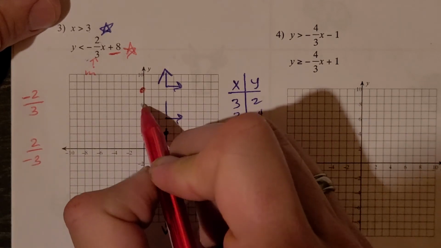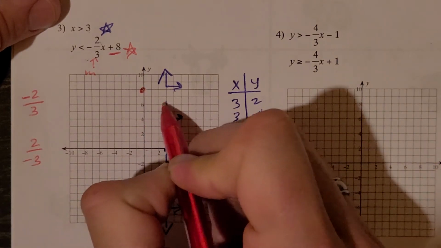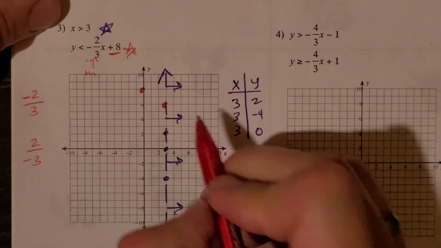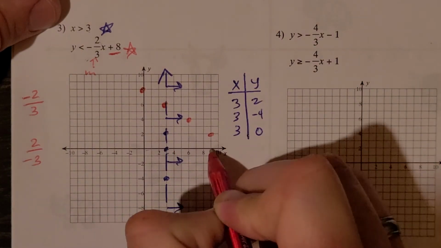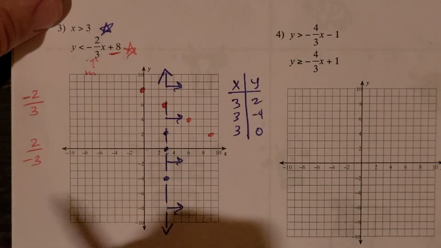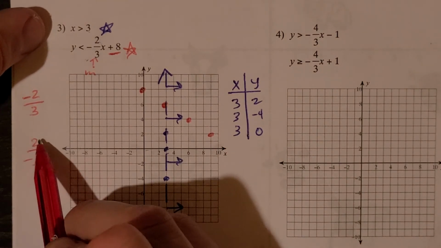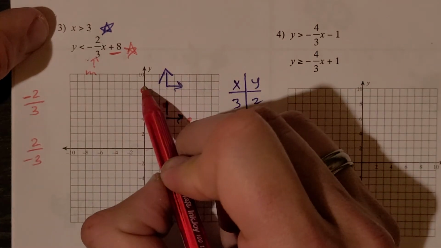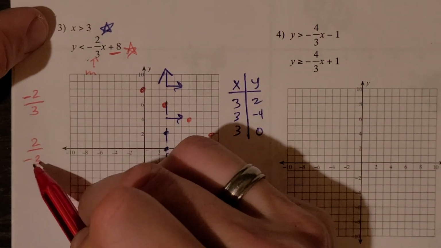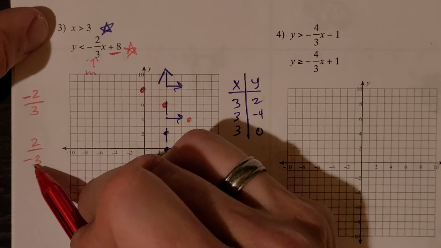-2/3 means I go down 2, right 3, put a dot. I could keep going. Down 2, right 3, down 2, right 3, down 2, done. This one, on the other hand, +2 doesn't say to go down, it says to go up. So I would go up. But a -3 on the bottom doesn't say to go to the right, it says to go to the left.